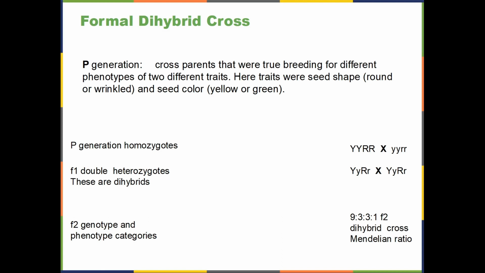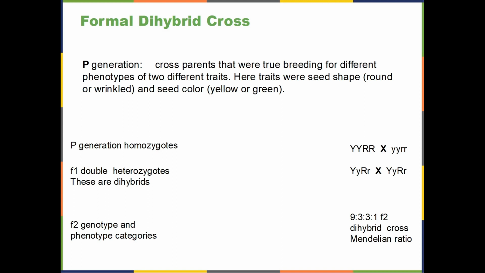So P generation homozygotes, big Y big Y, big R big R, crossed with little y little y, little r little r, and the F1, we have big Y little y, big R little r, crossing with big Y little y, big R little r, a typical F1 cross. The only difference we're seeing here is that we now have two traits. We're looking at both of them simultaneously.